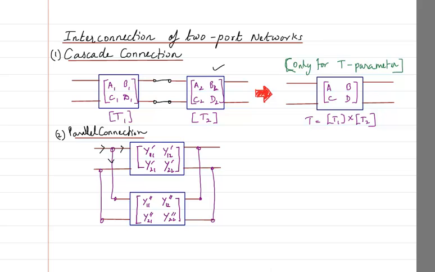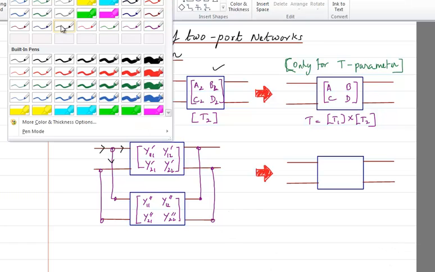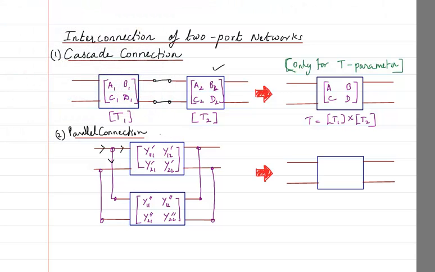What is going to happen is, suppose this is Y dash and this is Y double dash, then the total Y will be Y dash plus Y double dash.